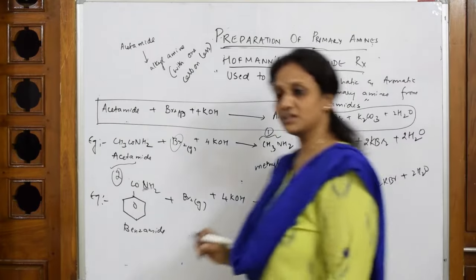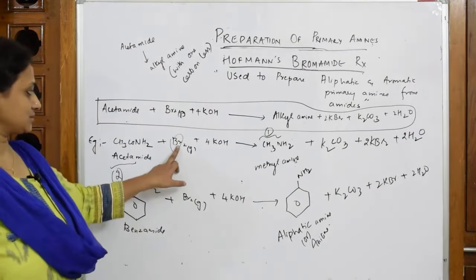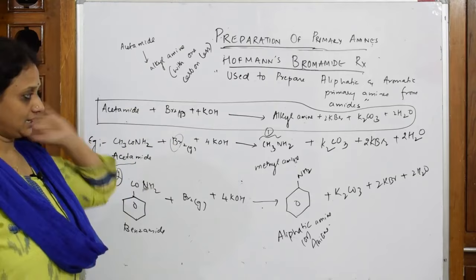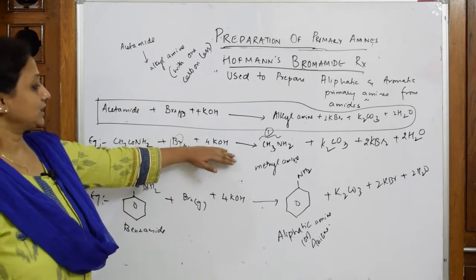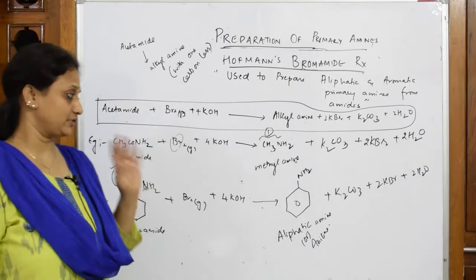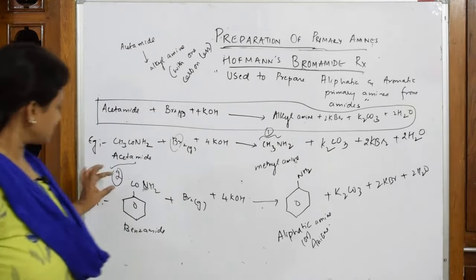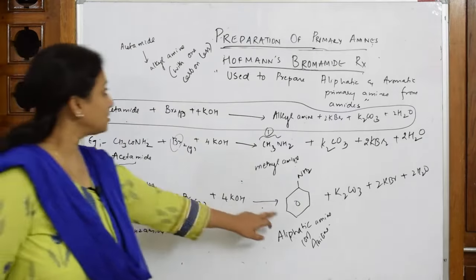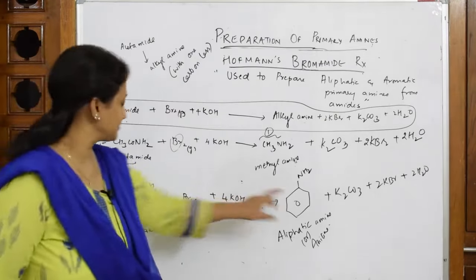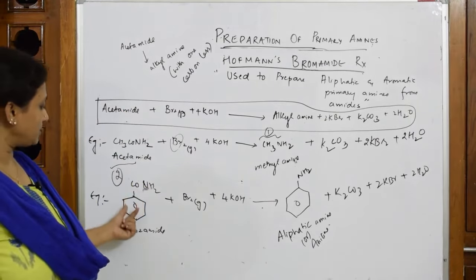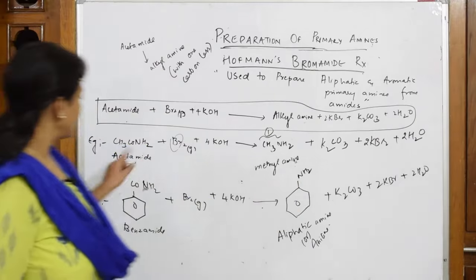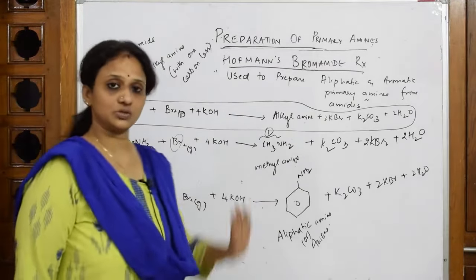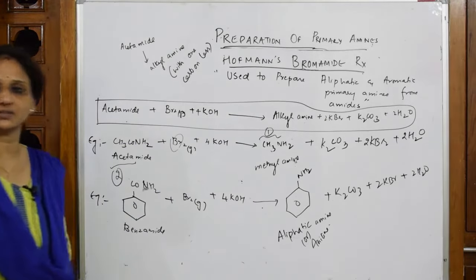So the most important thing is picking up bromine gas, because it is the bromamide reaction, and you are taking 4 KOH, 4 moles of KOH. Otherwise, you will end up writing some product which has the same number of carbon atoms. Wrong. The product will have 1 carbon less. Here CO, benzene ring. Here no CO. So this is your Hoffmann's bromamide reaction.